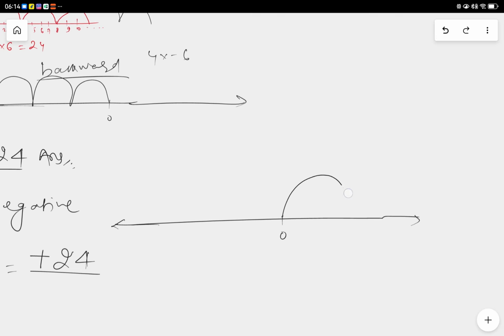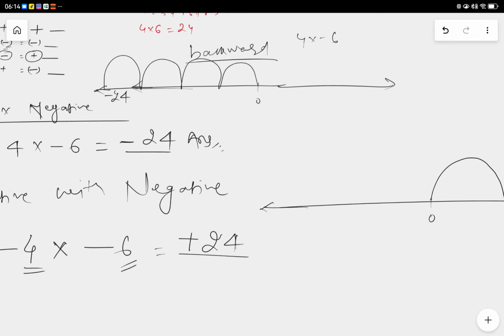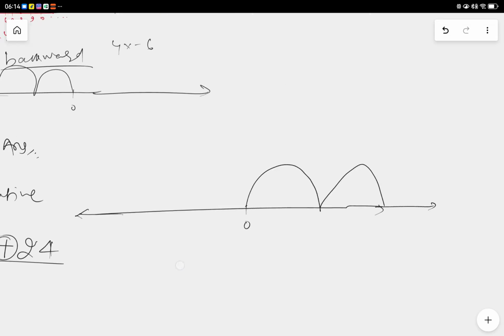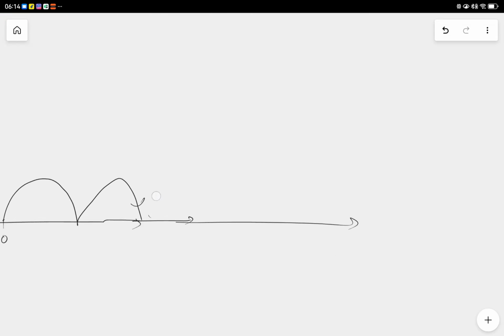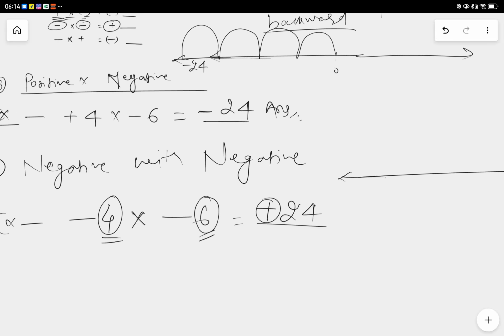This 4 units has to be jumped 6 times in the forward direction, because minus minus will be plus, to finally land at a number which will be 24 on the number line. And that's how we do it on the number line.